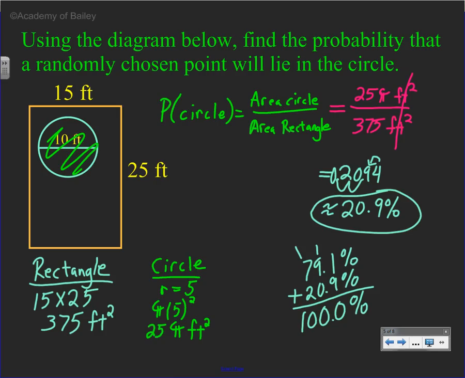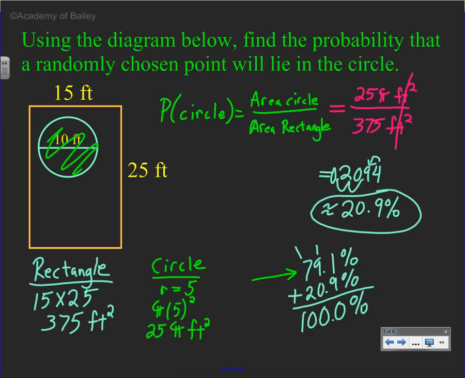So the probability of landing in the circle plus the probability of not landing in the circle would be 100%, because that would be every part of the rectangle. So you put those two parts together, you get 100%, and this is how you can do some of your calculations if you know the probability of not landing in the circle.